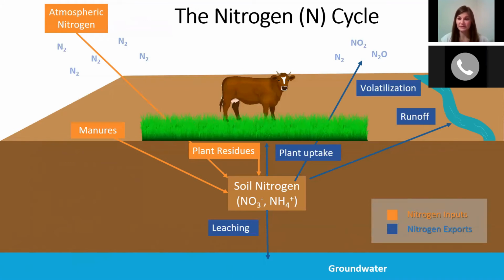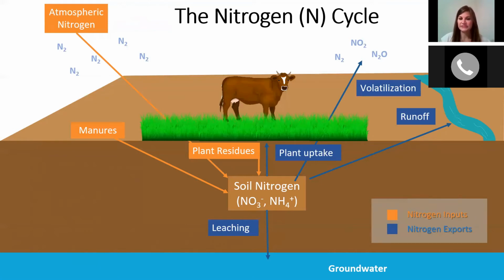And this is the same for any of the commercial labs or university labs within the Southeast. But we have our inputs of nitrogen, including atmospheric nitrogen that's deposited, and then manures and fertilizers that are added, as well as decomposing plant residues.